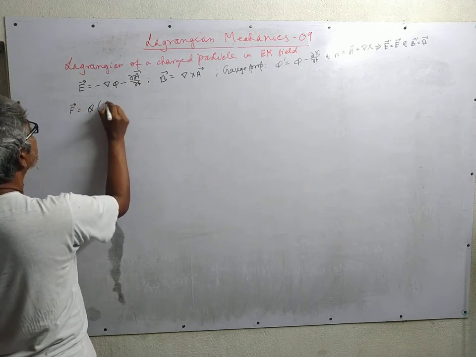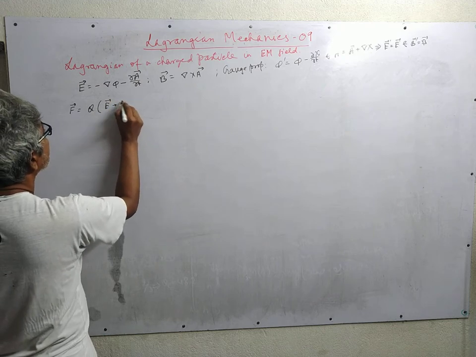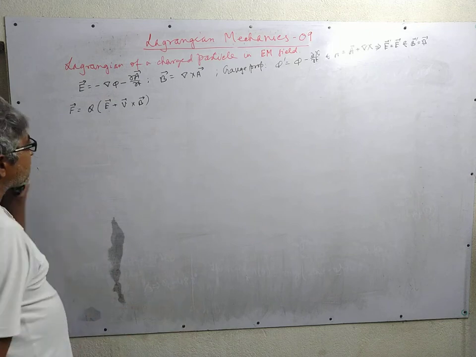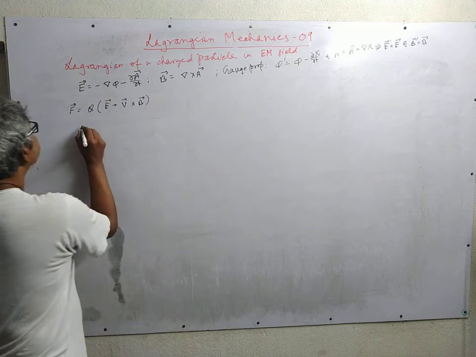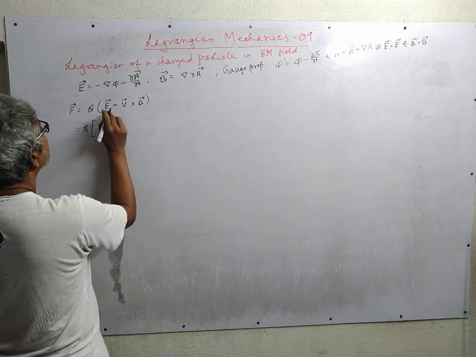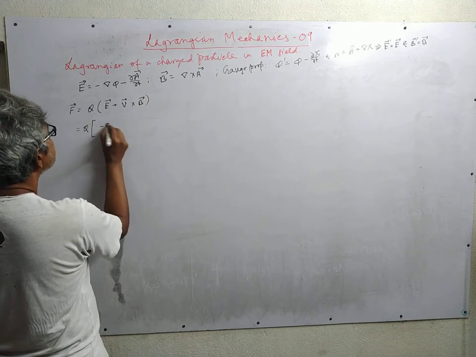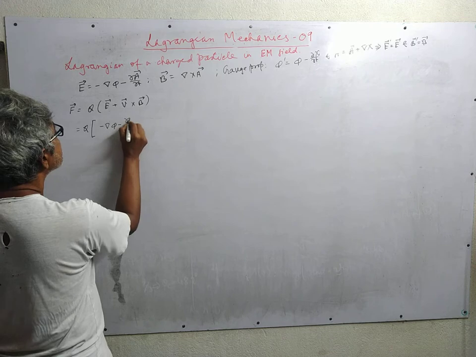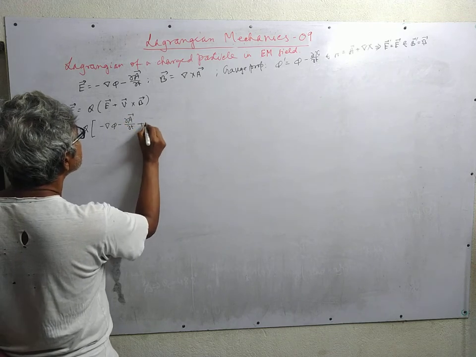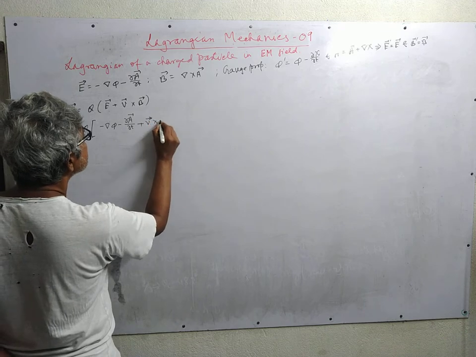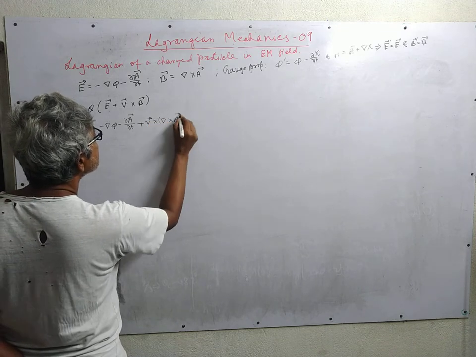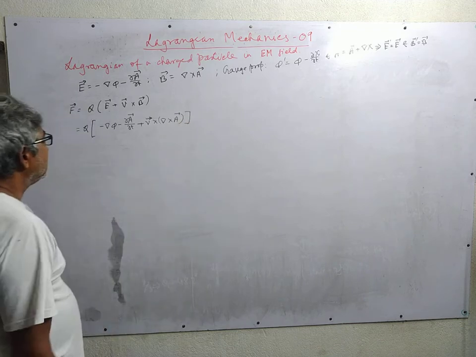So it is q times (E plus v cross B), the Lorentz force. In terms of the potential, this becomes q times (minus grad phi minus ∂A/∂t plus v cross curl A).